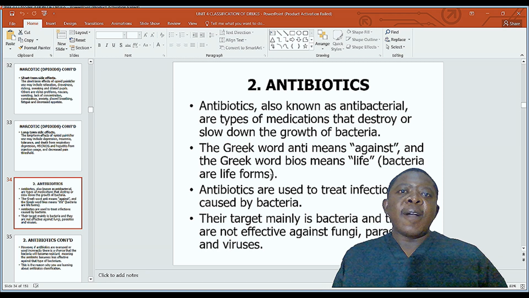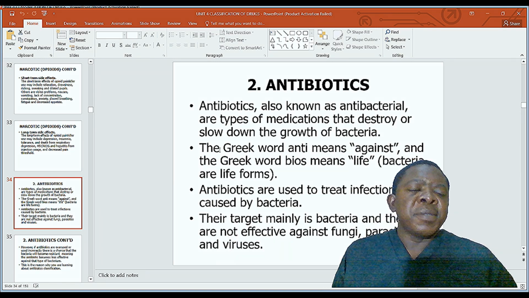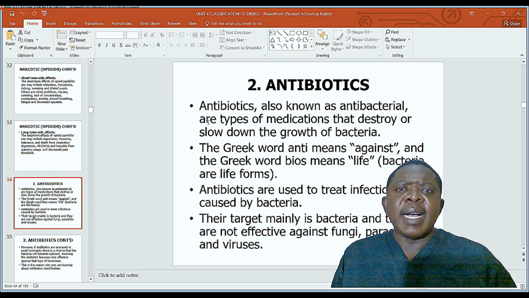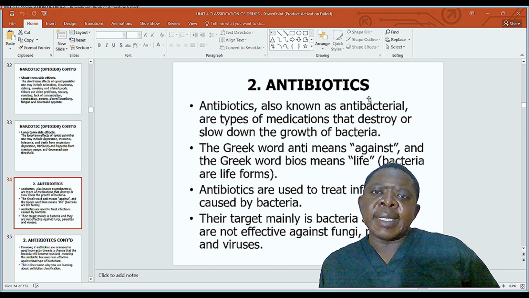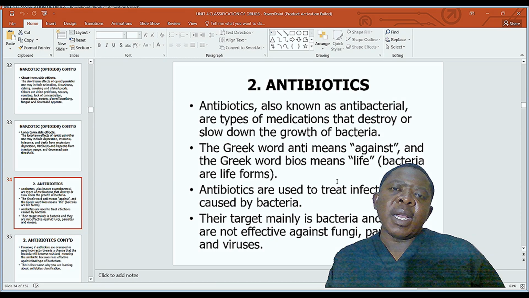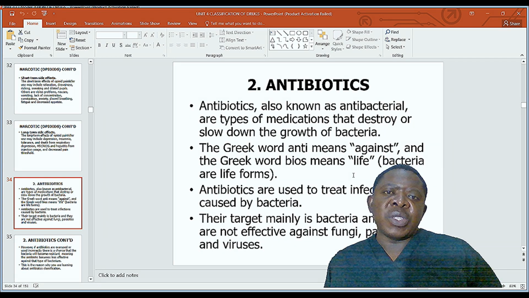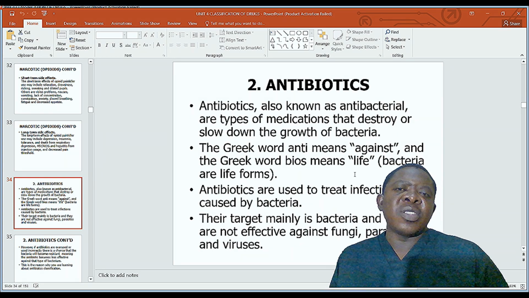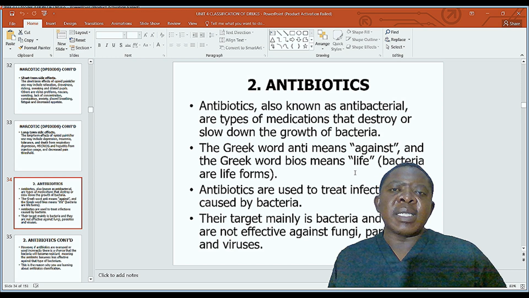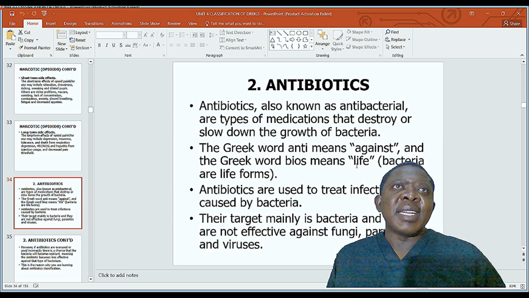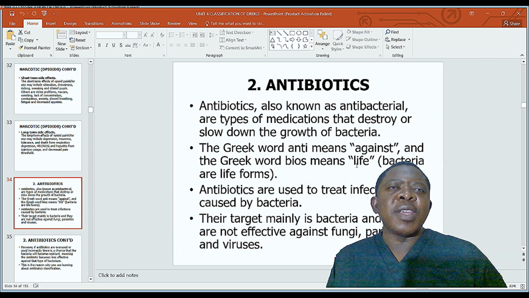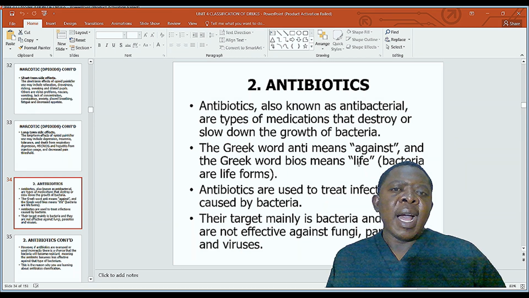Okay, so now let us look at the second group of drugs, which is antibiotics. The first group of drugs that we looked at are analgesics, and we have discussed the two types of analgesics, that is narcotic and non-narcotics. We talked about narcotic drugs being morphine, pethidine, and codeine, and how they are used.